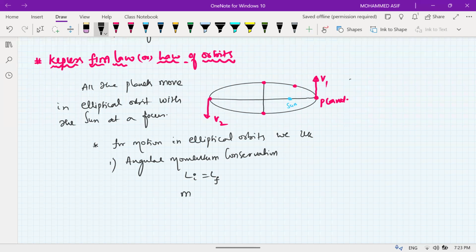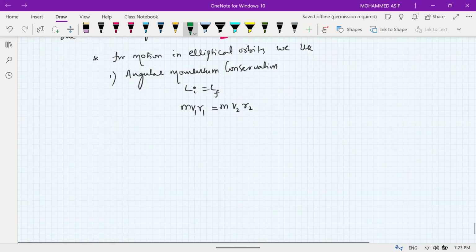So the mass of the planet m1 v1 r1 must be equal to m2 v2 r2. The mass of the planet will be the same, so I'm taking it as m itself. From here to here this distance is r1, and from here to here this distance is r2. The mass of the planet is m, and the velocities are v1 and v2.